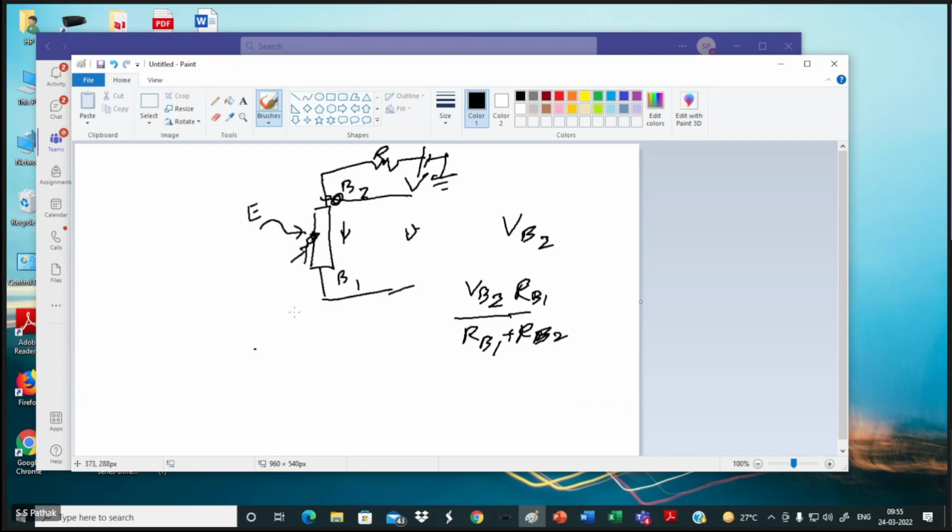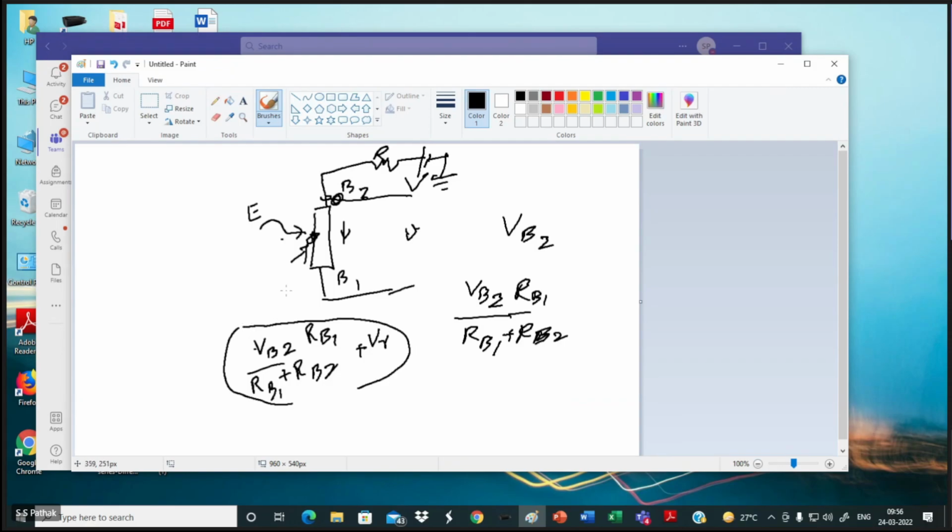It was VB2 divided by RB1 plus RB2, into RB1, plus the cut-in voltage. When the voltage here was above this, it fired.